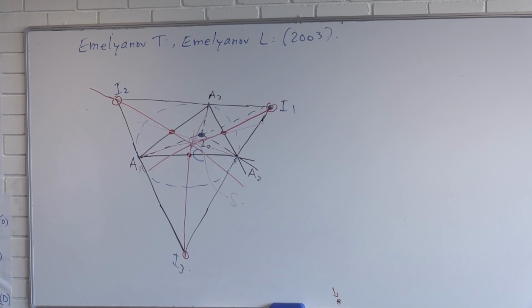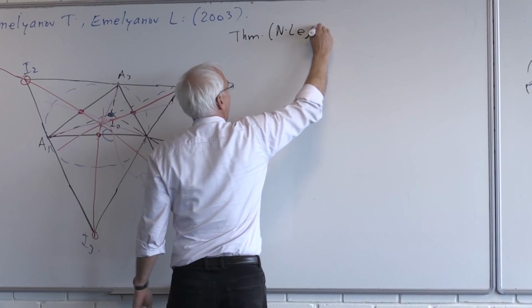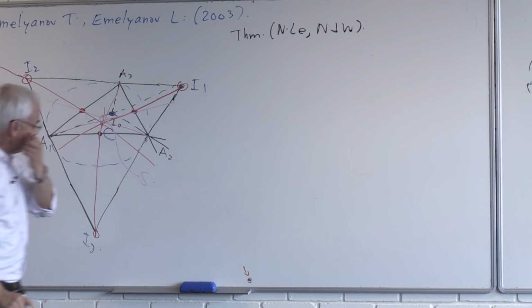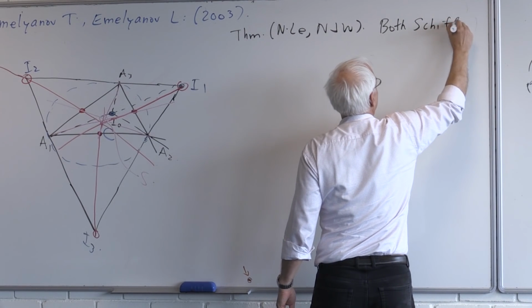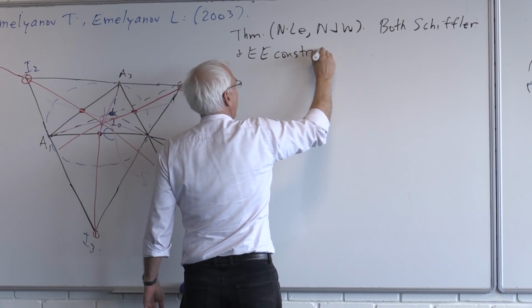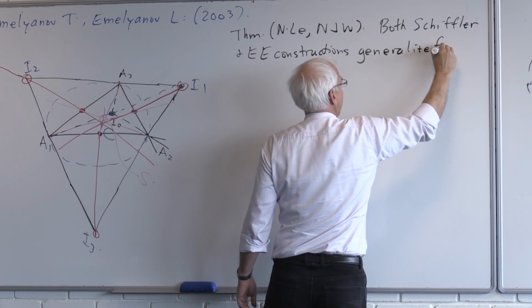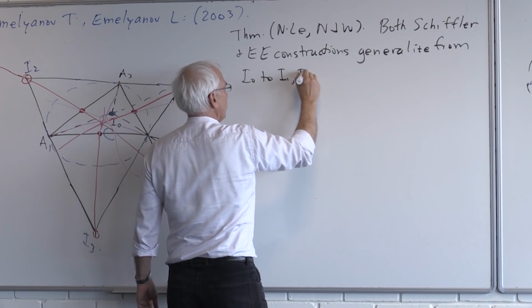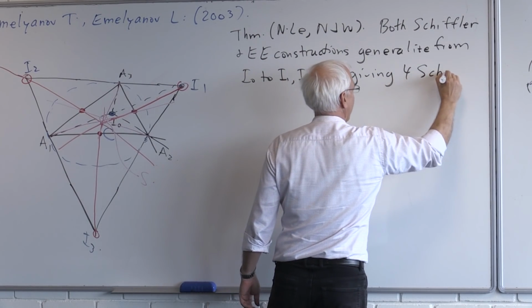So the first fact is that both the Schiffler and the Emelyanov constructions generalize from I0 to I1, I2, and I3, giving altogether 4 Schiffler points.